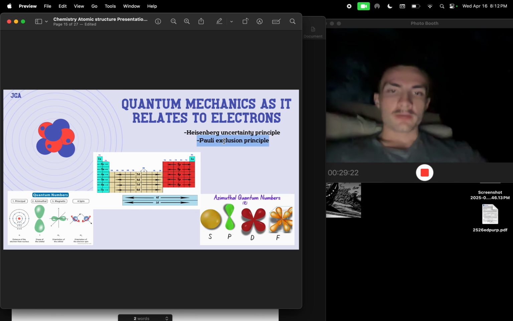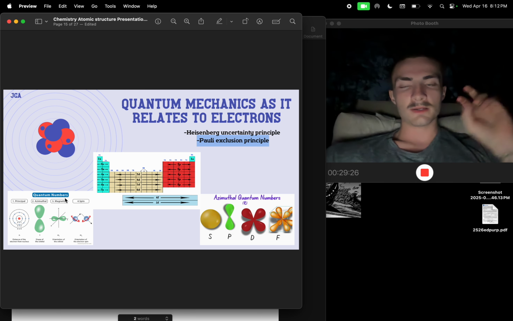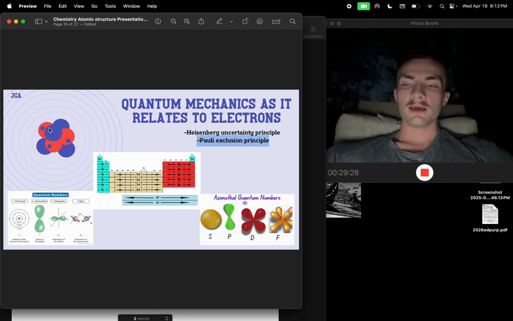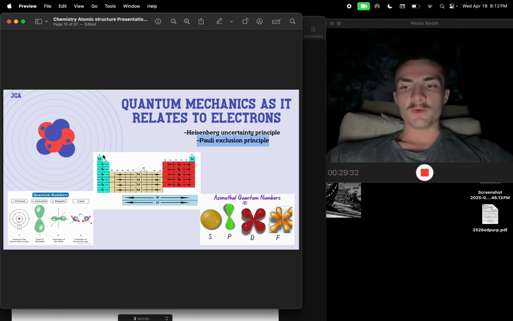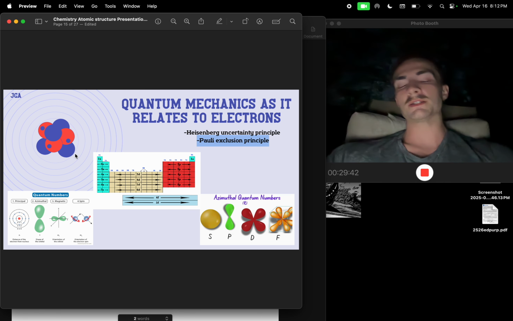And then here, the Pauli exclusion principle is that we have these four quantum numbers to describe electrons within an atom: where they are, how they're moving, the cloud of probability in which they are moving. And the Pauli exclusion principle basically says that no two electrons in the same atom can have the same four quantum numbers.